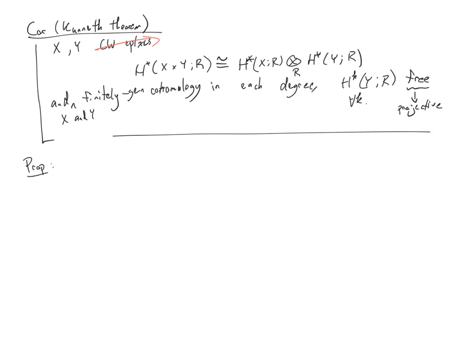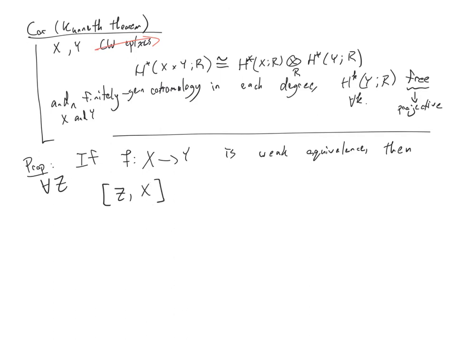So the proposition is that if f: X to Y is a weak equivalence, then for all spaces Z, the homotopy classes of maps from Z into X and from Z into Y, there's a map between those which is induced by f, composition with f.